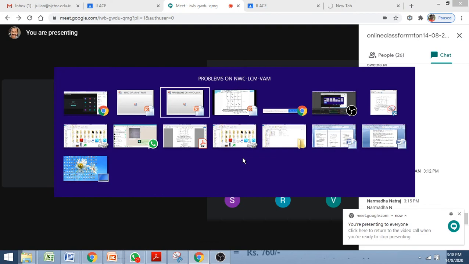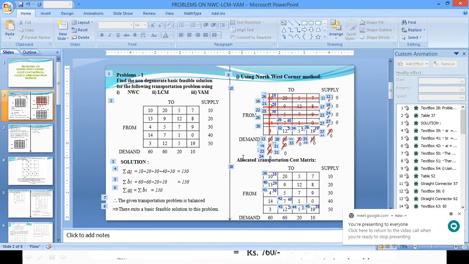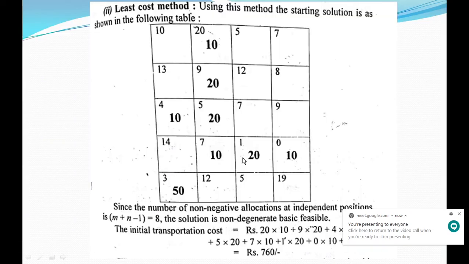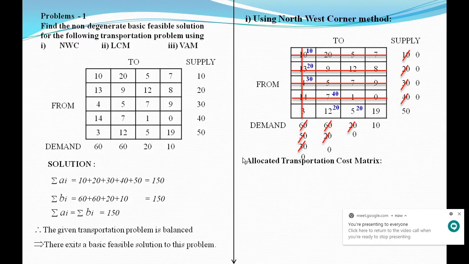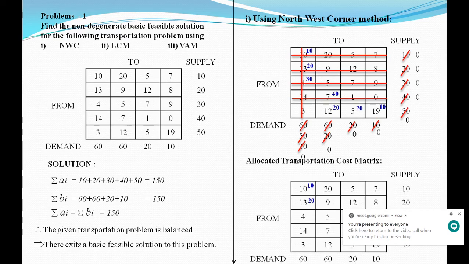Now this time I think you have a better idea of the northwest corner method, as it is given step by step. Can you follow this northwest corner method if it is given in this situation? Yes, sir.